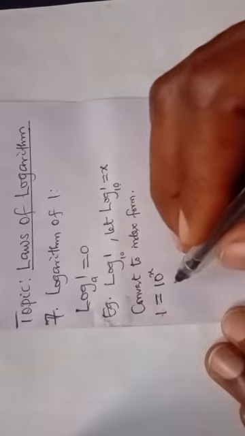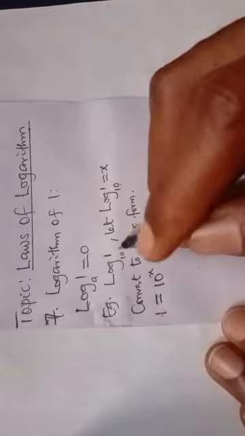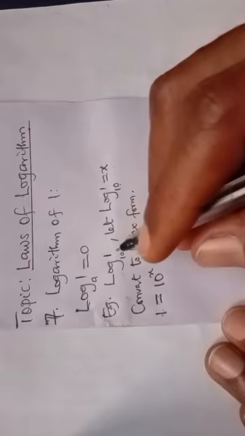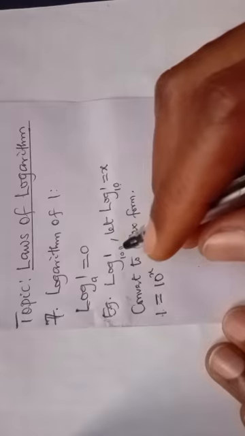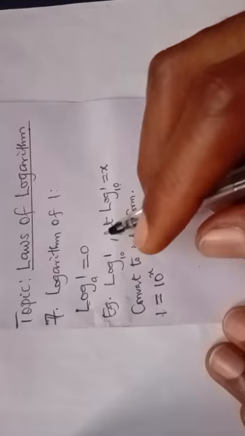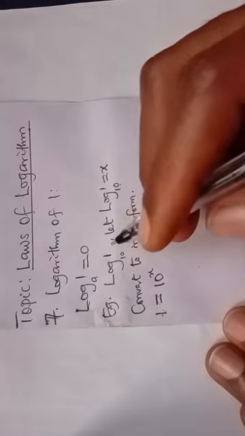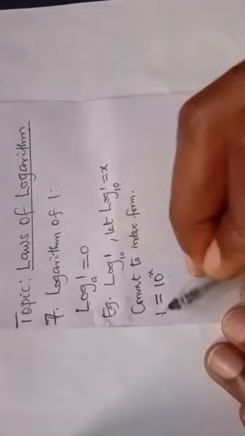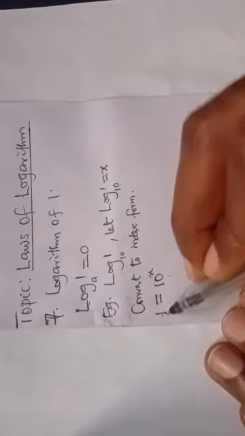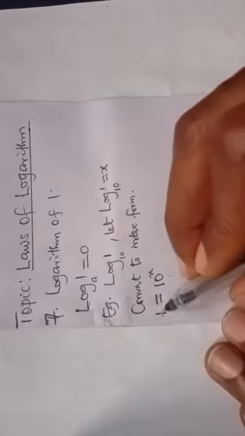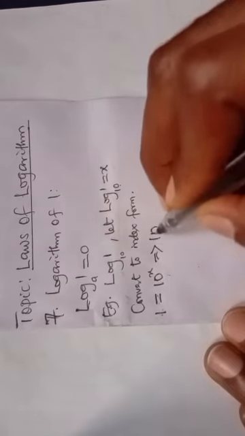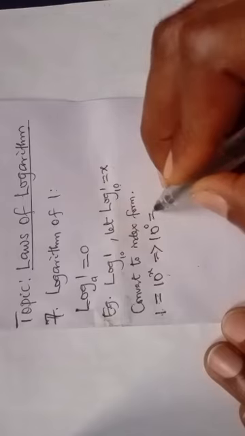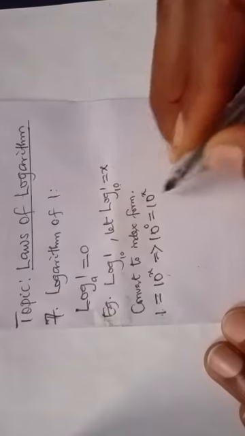Recall that we have a particular law under indices that says that anything to the power 0 is 1. It means 1 can be changed to 10 power 0. So I'm going to have 10 power 0 is equal to 10 power x.